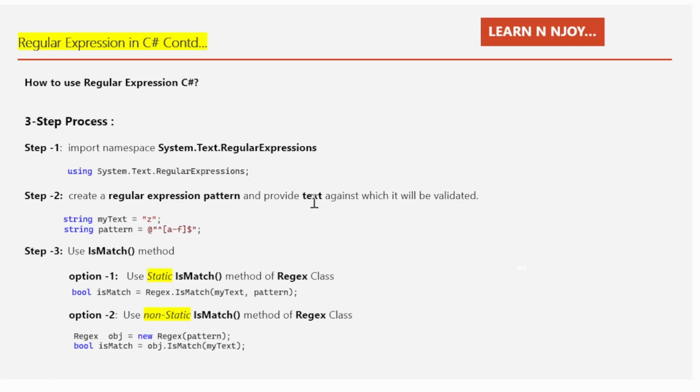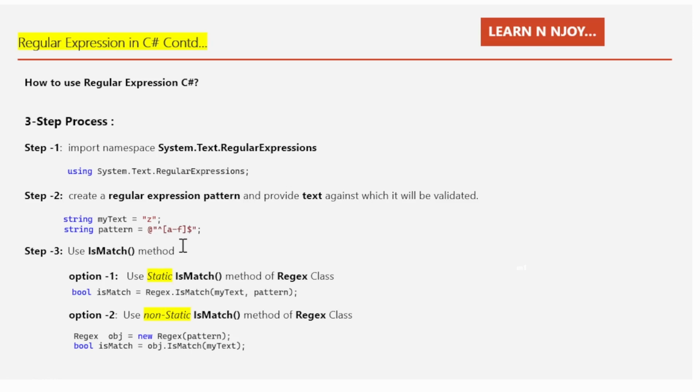Step number two, we need to create a regular expression pattern and provide the text against which it will be validated. First of all, we write our text: string myText is equal to Z. I have given myText as Z. Now I have written string pattern with the at sign, and then the regular expression in double quotes. First, I have written the caret sign, which indicates the start of the regular expression, and then a square bracket.